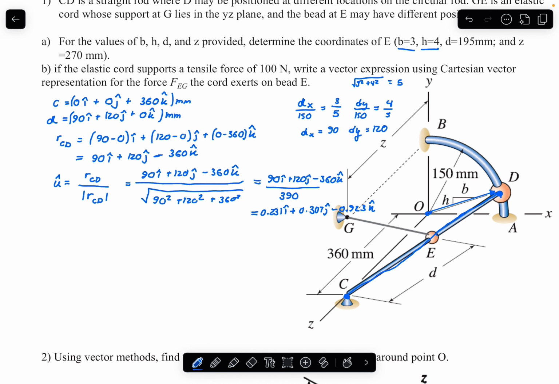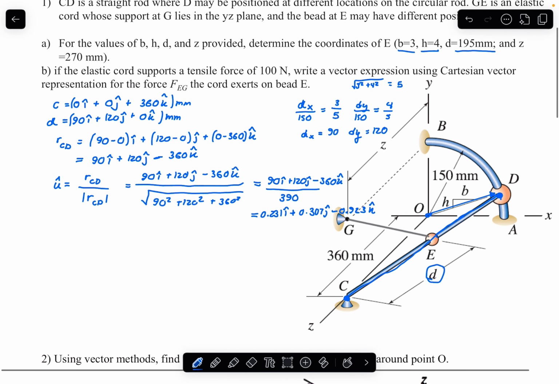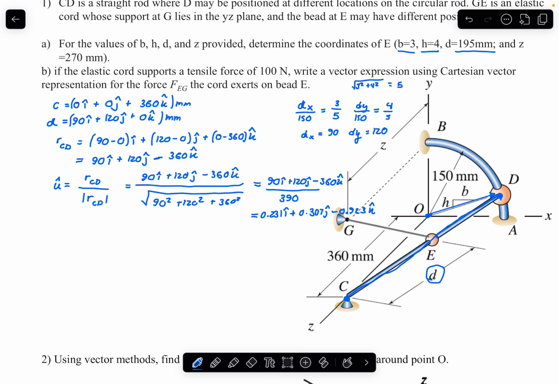We can figure out what E is by using the magnitude from C to E, which we know is given as 195 millimeters, and that will give us RCE. When you have RCE, you're just going to do 195 multiplied by the unit vector itself.